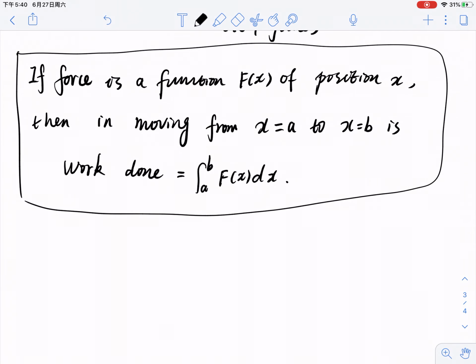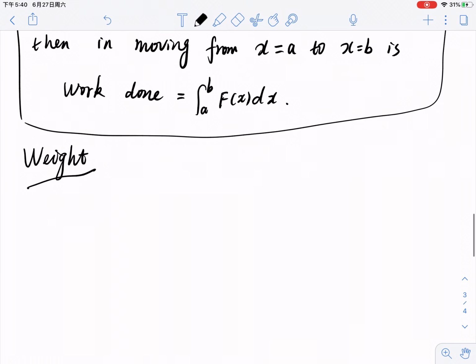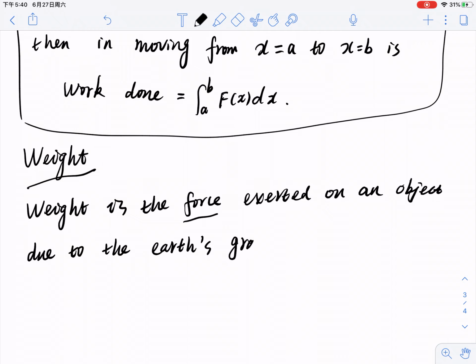So next we talk about the weight. Weight is the force exerted on an object due to the Earth's gravity acting on its mass.